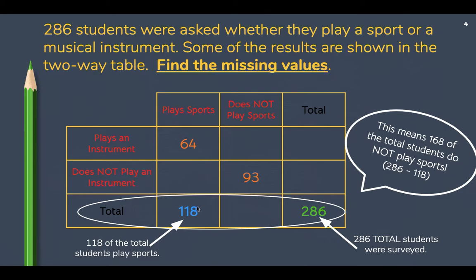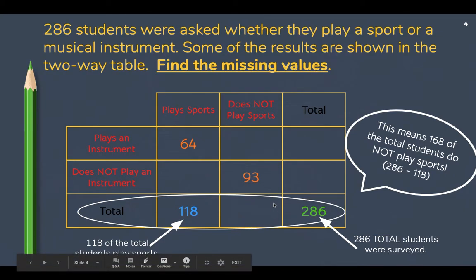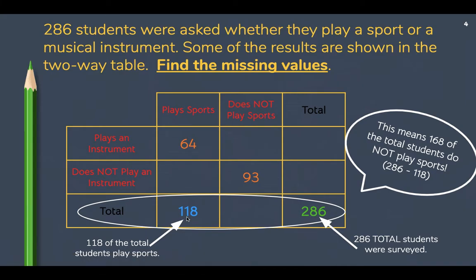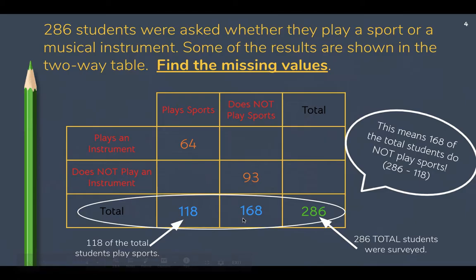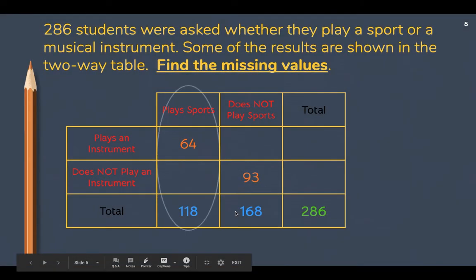And how do we figure that out? So we're trying to figure out this missing box for totals. If we knew 118 of the students play sports, and we know there was 286 that were totally surveyed, we subtract these and we get 168. So let's continue on. Let's take a look at this column, play sports.